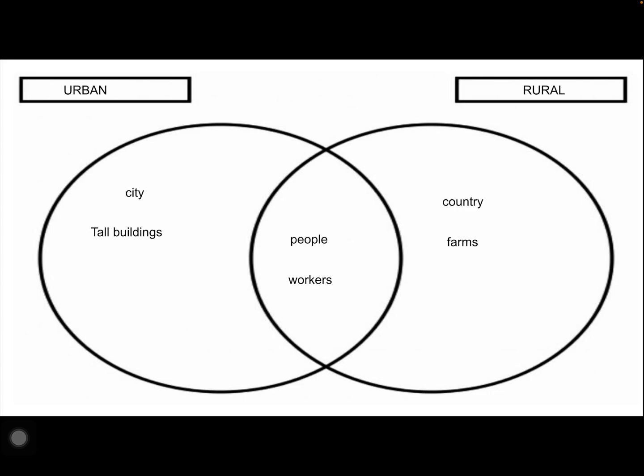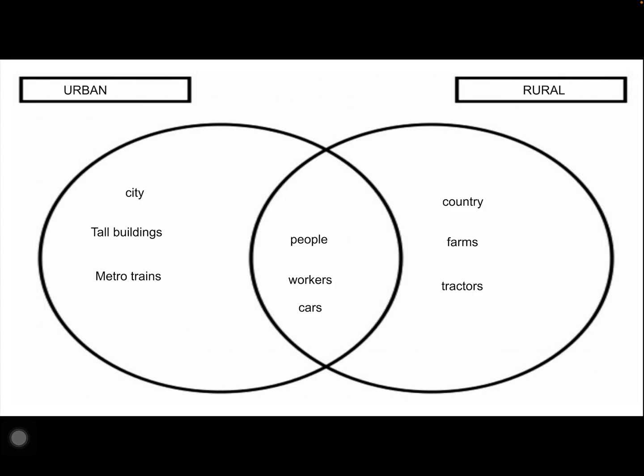How about tractors? You think a tractor would drive down the city streets? No, a tractor would be something we'd see in a rural community. How about the metro trains, the trains that move people quickly? Metro trains we'd probably find in an urban community. What about cars? People driving cars? Well, we would see those in both, so it goes in the middle.